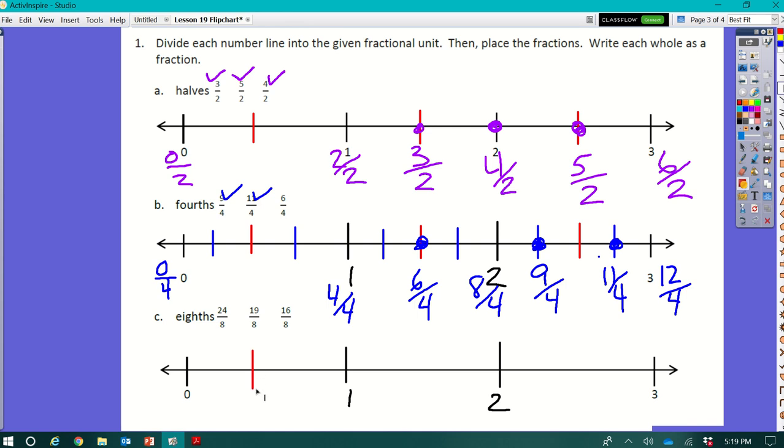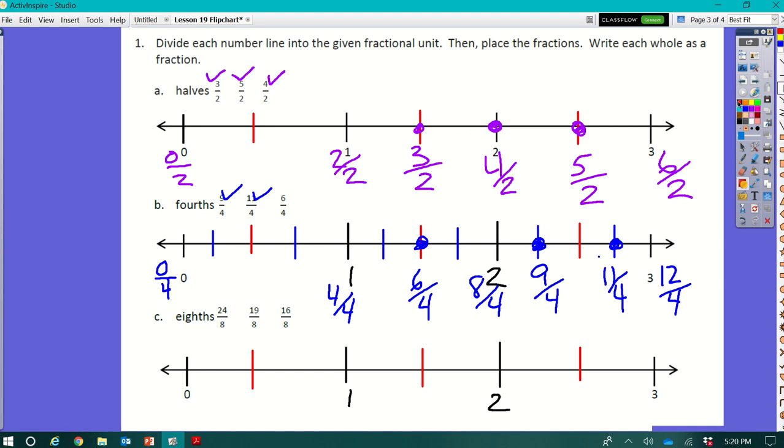So again, I'm going to line it up with the other red lines that are showing 1/2 and divide each of my whole numbers into halves. Now I'm going to divide them. I've divided them into halves, but I want eighths. So now that I have halves, what can I do the next step?